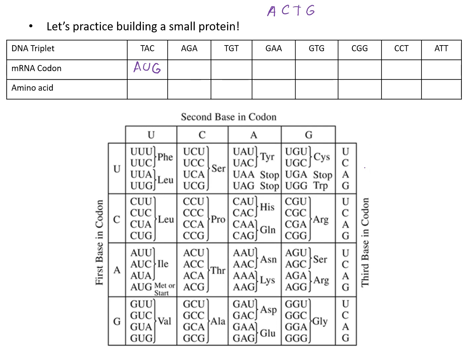That produces this one right here, AUG. And what codon is that? That is the start codon. So you have a start codon and you also have stop codons. So often you will see start codons. So what amino acid is that? That isn't an amino acid. That's start.